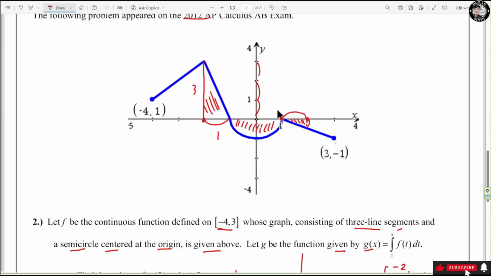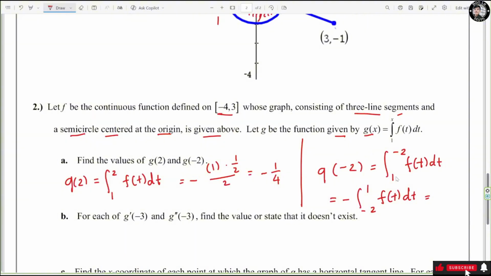And for this one, the radius is 1. So we have minus 1 times 3 divided by 2, and the radius of the semicircle is going to be 1, so it could be minus pi r squared, which means 1 squared, divided by 2. So it's going to be -3/2 plus pi over 2, and it's going to be pi minus 3 divided by 2.